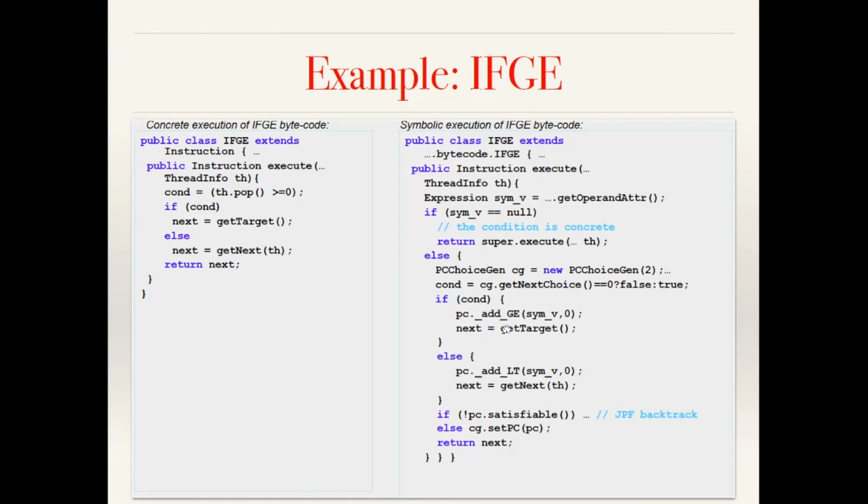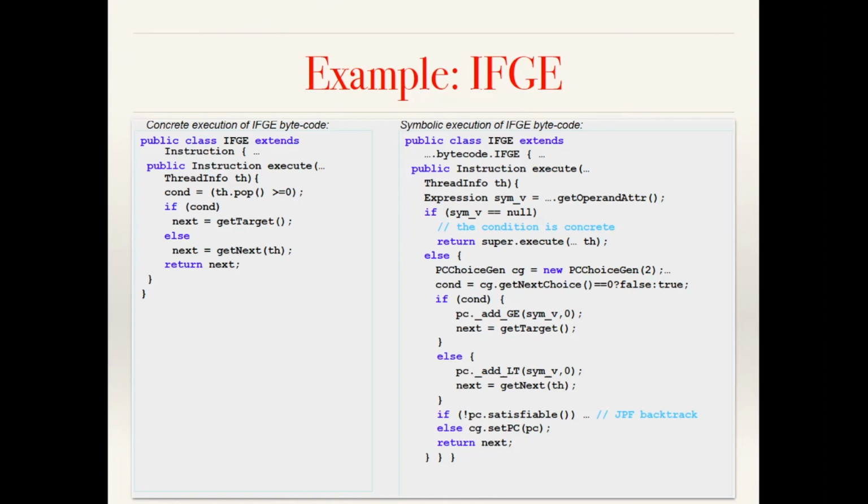For each case we will add the corresponding constraint to the path condition, and then we will also have a call to a constraint solver, which is hidden under pc.satisfiable.